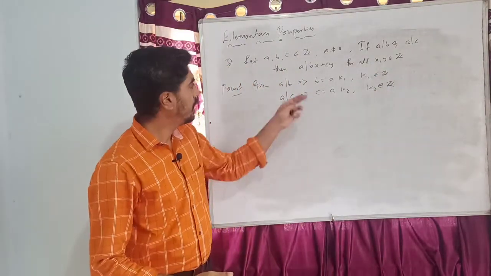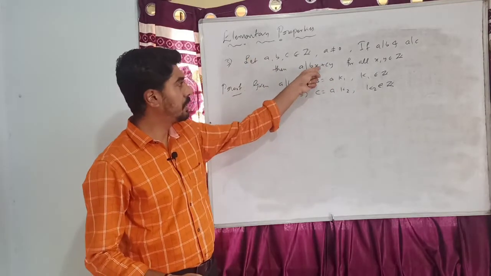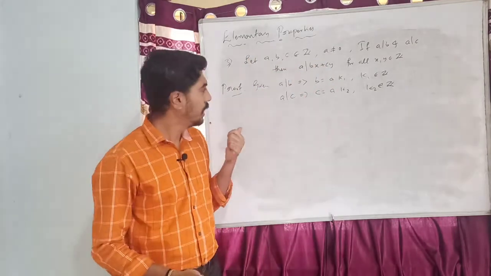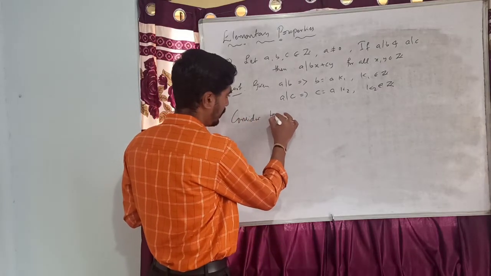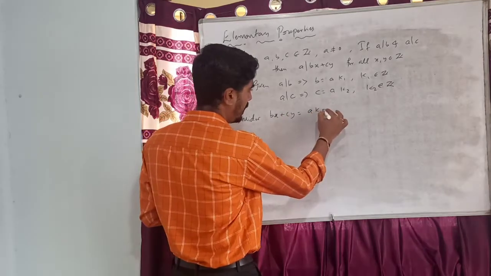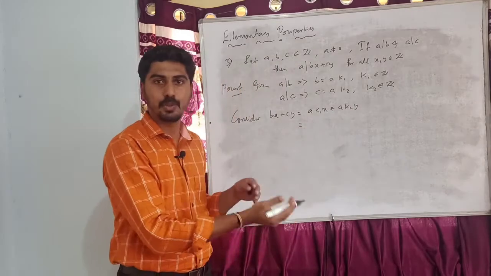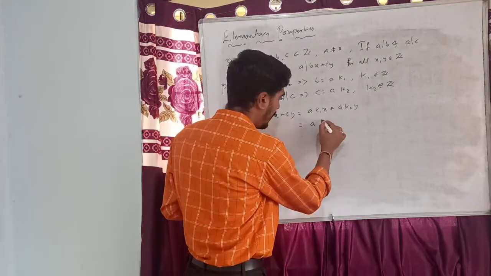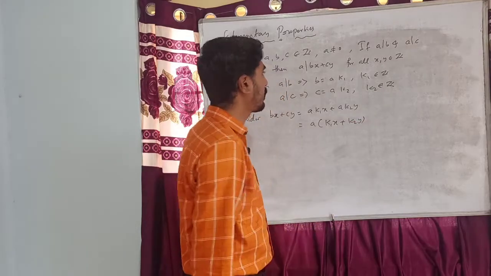Now to show that A divides Bx plus Cy, we need to show that Bx plus Cy is an integral multiple of A. So consider Bx plus Cy, which is equal to A k1x plus A k2y. If I take A as common, I get A into k1x plus k2y.